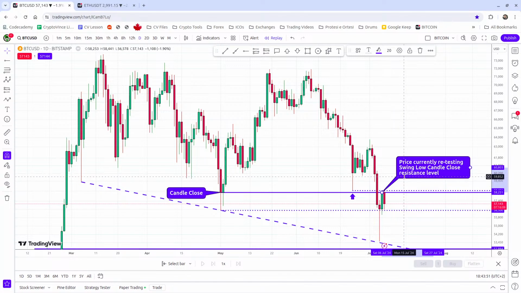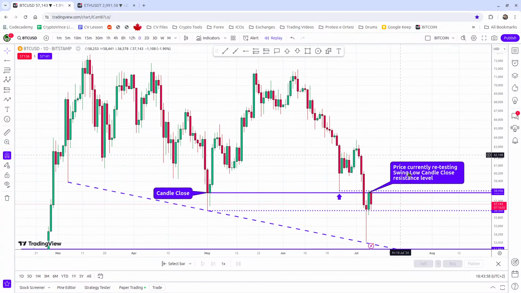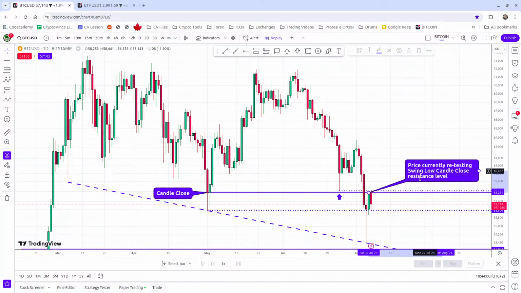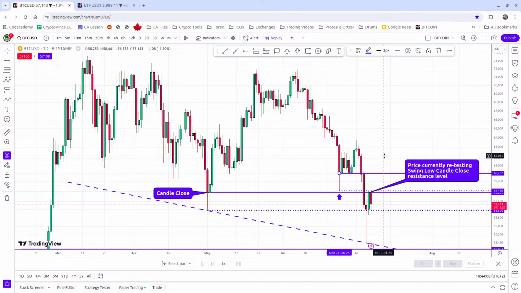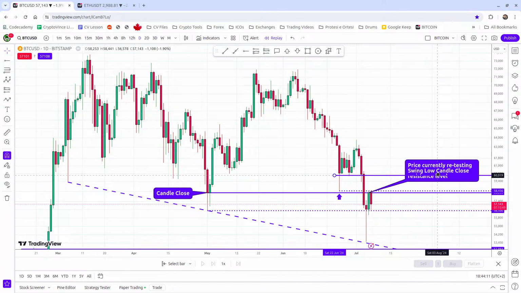That would have been a start of a bullish reversal, even though to call this a reversal we should have actually broken above this level.